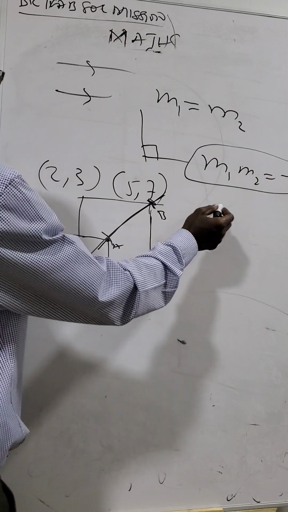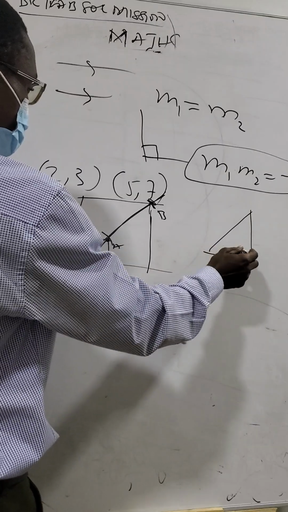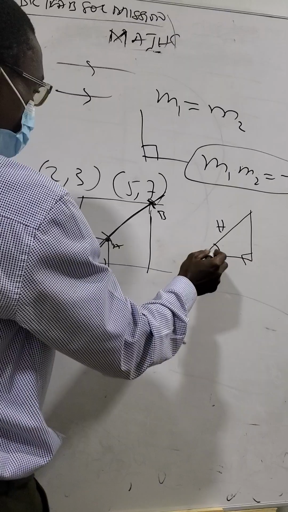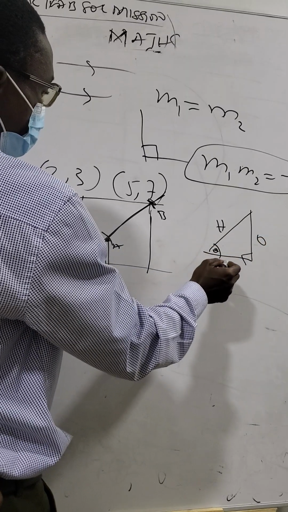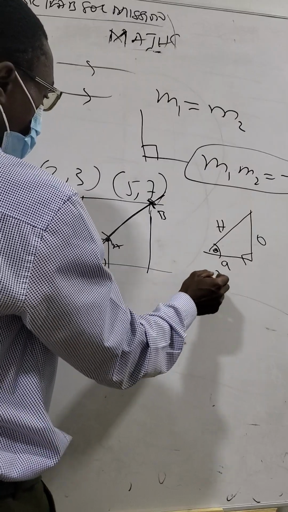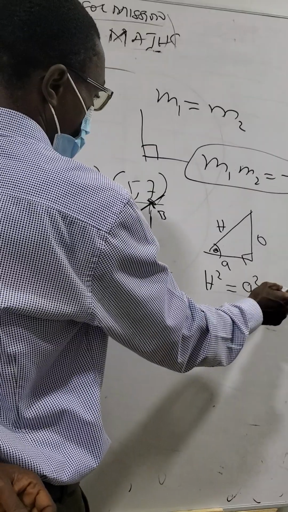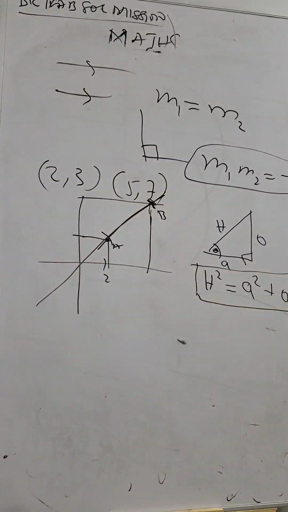We already know Pythagoras' theorem: if this is 90 degrees, this is the hypotenuse, and with respect to this angle this becomes opposite and this becomes adjacent. We know that hypotenuse squared is equal to adjacent squared plus opposite squared. It can be the other way around.